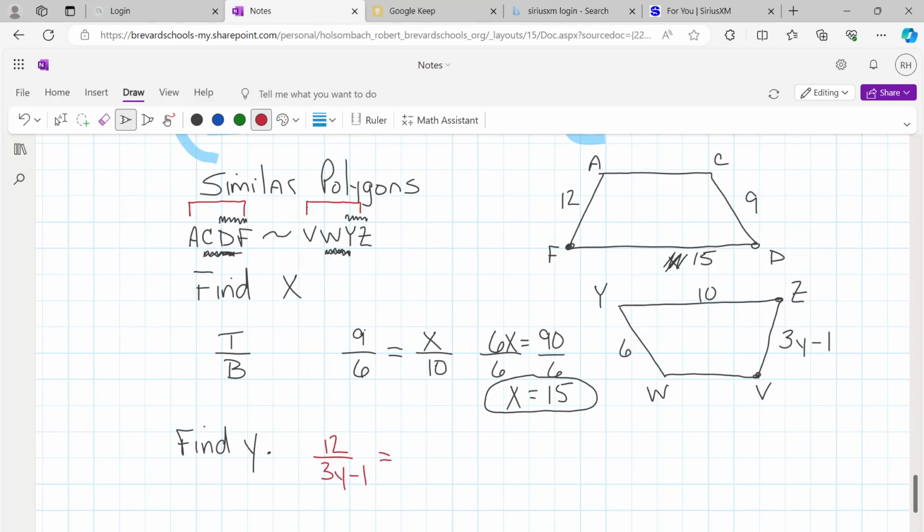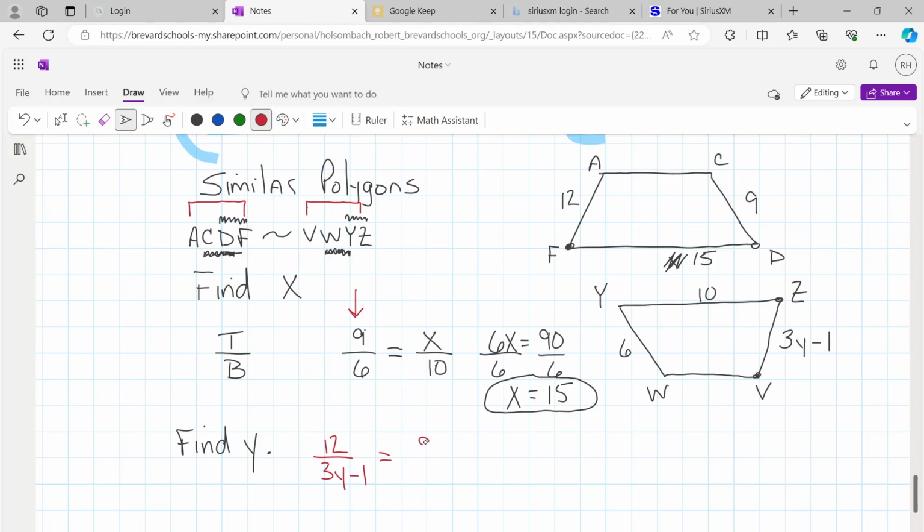We're going to set it equal to two sides that both have measures. All right? We don't want to use side AC and side VW. They don't have a measure. So we can pick any two other sides, and we can use this same pair here. We know that the 9 and 6 correspond. The 9 over the 6, they correspond to each other.